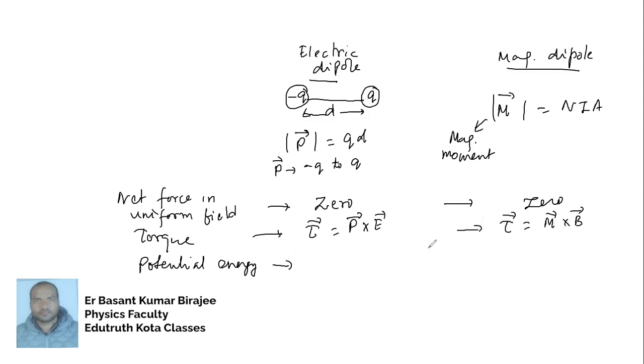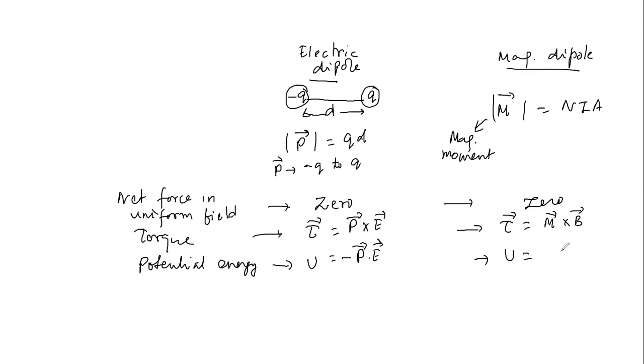I think I checked the syllabus, it is not there, but you might have found in the book that in electrostatics you have U equal to the potential energy, a scalar quantity, and U is the negative of the dot product of p and E. Here also we can write in a similar manner, negative of M dot B. Dot product is a scalar quantity.